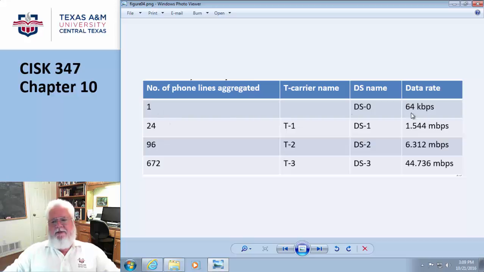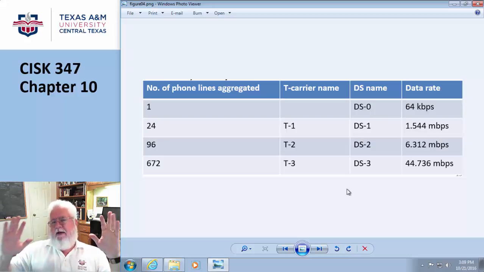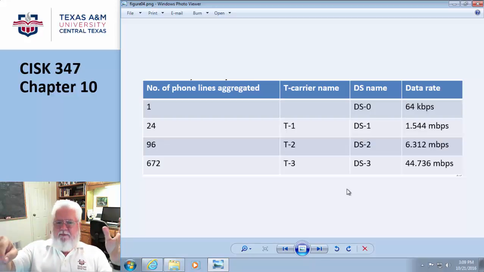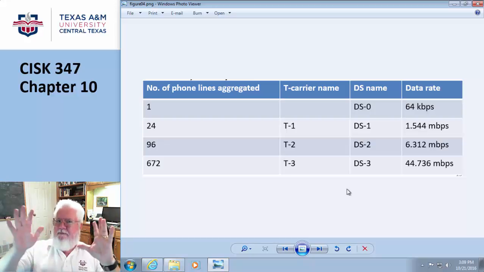Now, a single phone line could do 64K, and you're thinking, no, wait a minute. In dial-up, I can only get 56K. So how in the world can I get 64K out of essentially using the same lines? Well, the 56K has to do with not just the available bandwidth, because that part is roughly the same between the 64K and the 56K line.